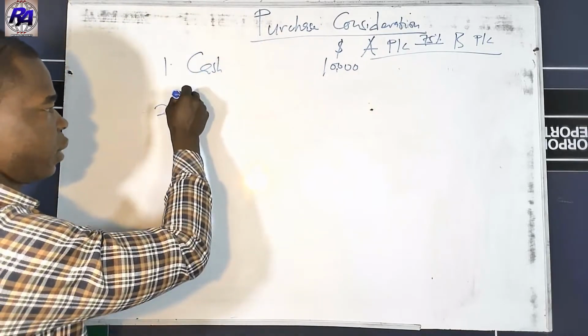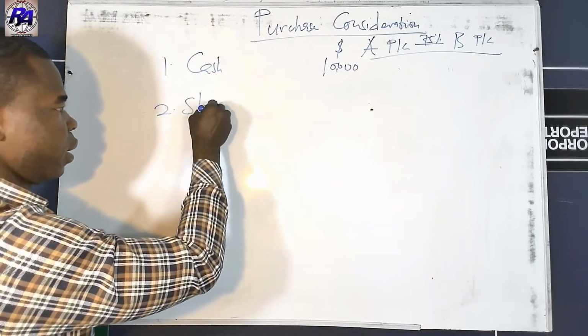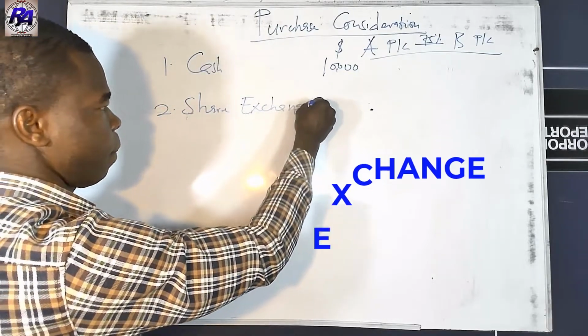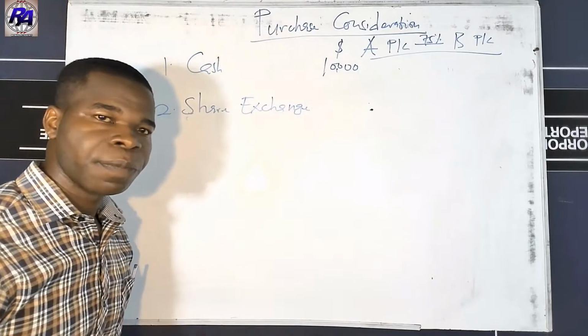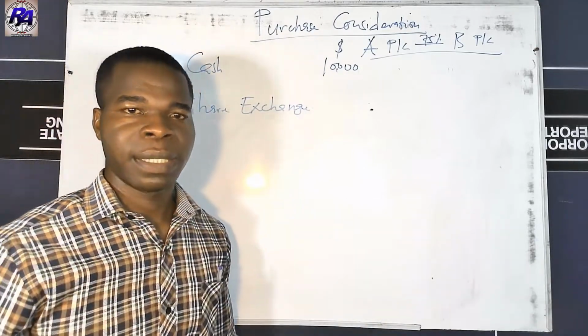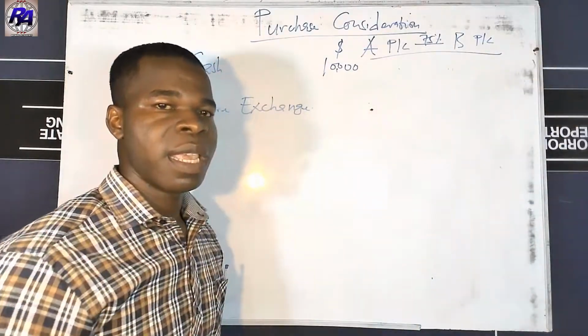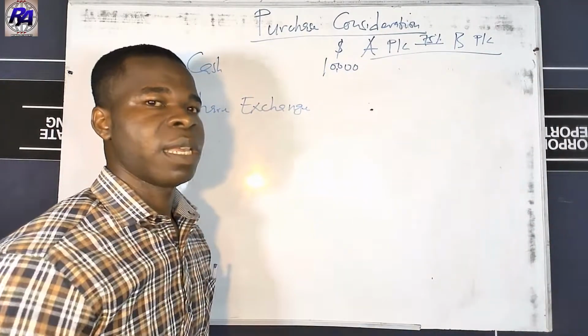Another form of consideration, which is the second one, is share exchange. This is where an entity acquires another entity by issuing shares for a number of shares in the other company.